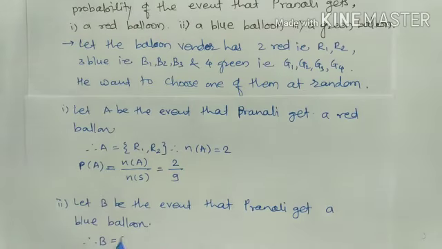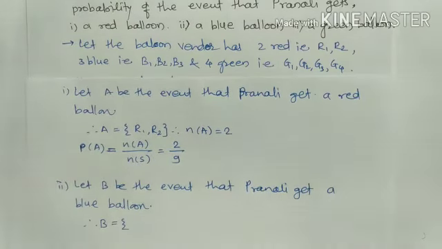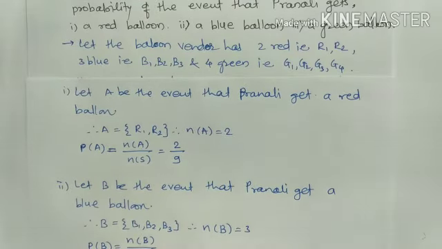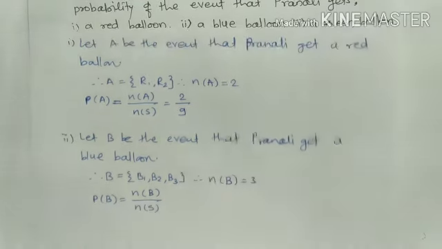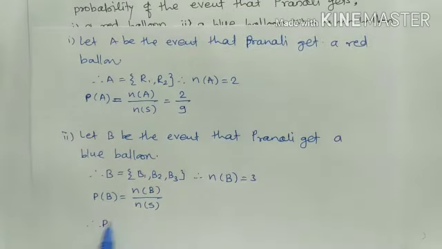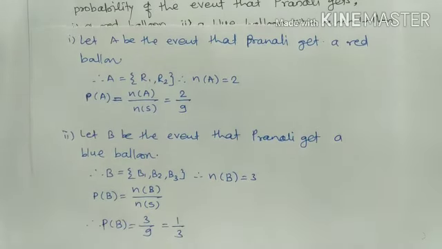Therefore the event B is, see there are three blue balloons, that is B1, B2 and B3, and therefore number of B equals 3. Now probability of B equals number of B upon number of S, and therefore the probability of the event of getting a blue balloon equals 3 upon 9, that is equals 1 upon 3.